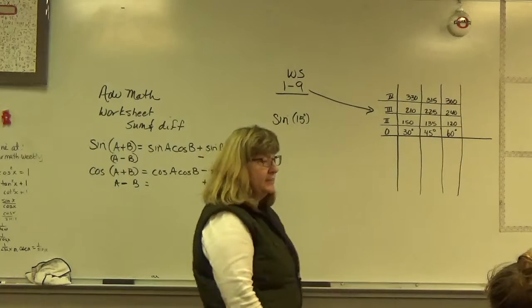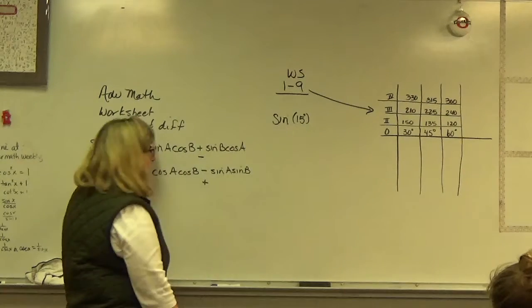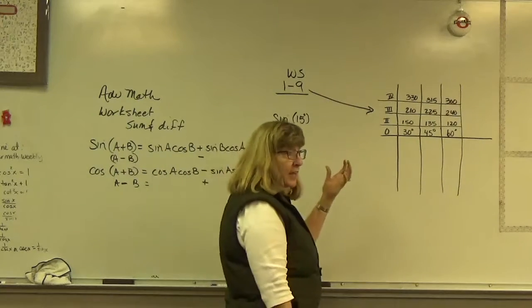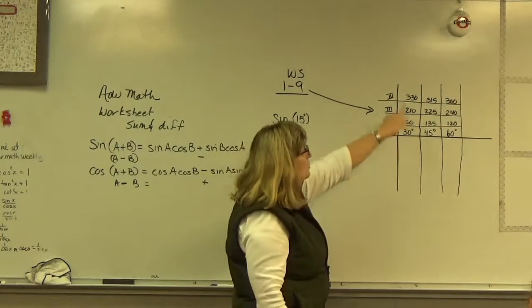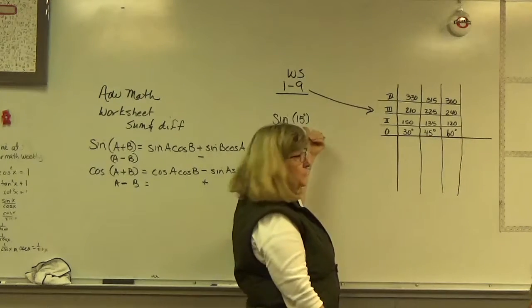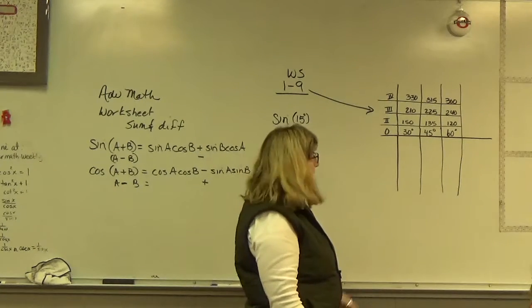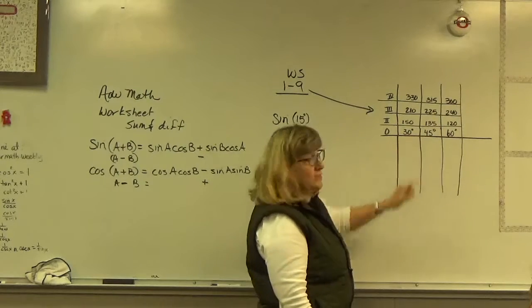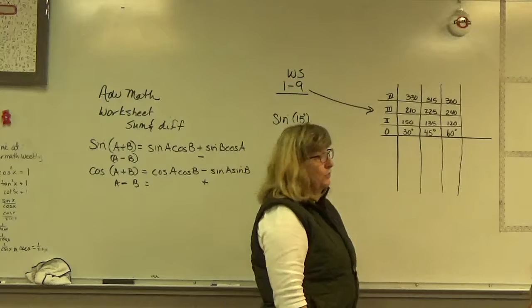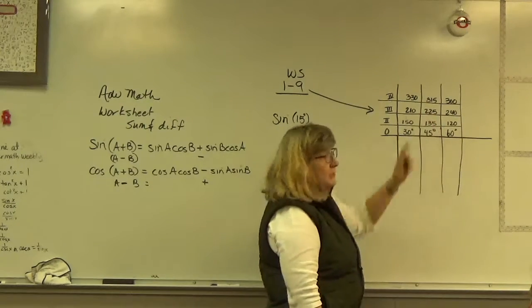And you're going to find it exactly by using sum or differences. Either one will get us there. And there's more than one way to skin a cat, I've said that a lot, because there's more than one combination of these numbers I can add or subtract to get 15. Right off the bat I can see I can take 45 minus 30. That works, doesn't it? That gives me 15. 60 minus 45. 240 minus 225.